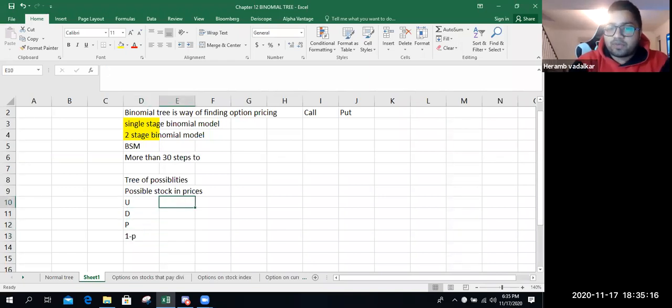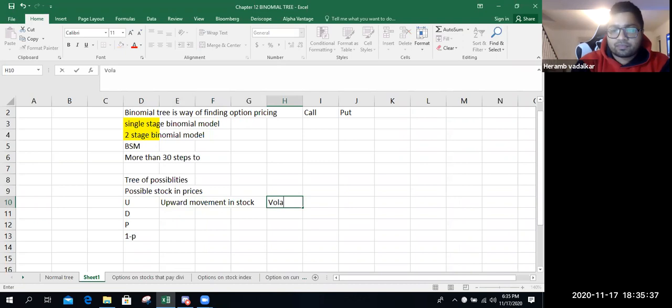U is upward movement in stock. What does that mean? How much up can the stock go from the current price? That is U, the upward movement in stock, which is based on volatility of stock and current stock price.